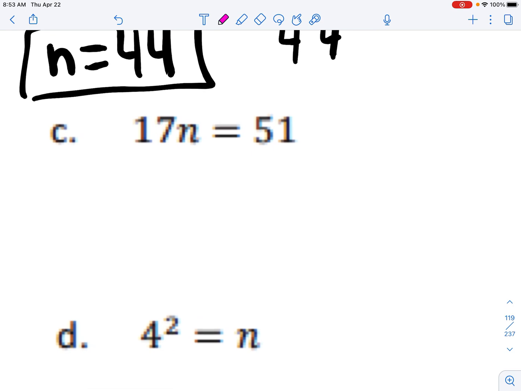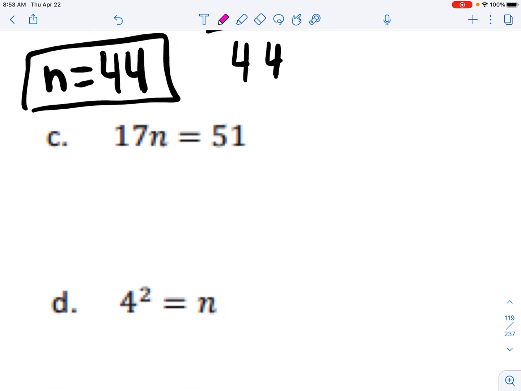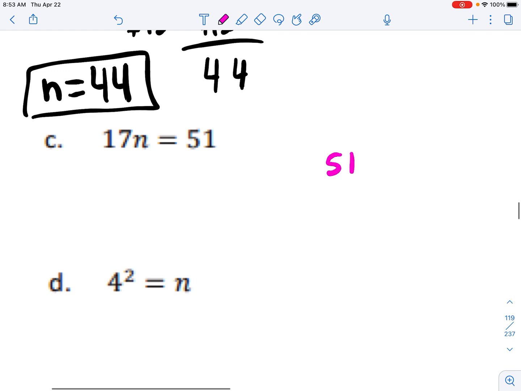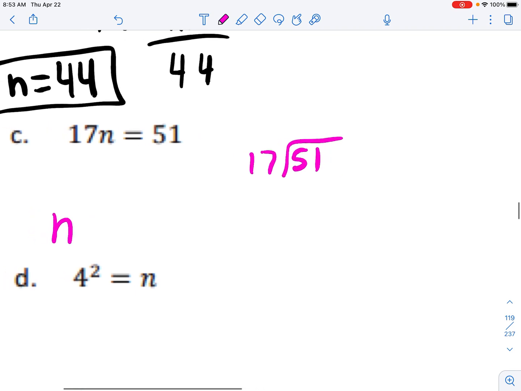17n equals 51. Okay, so what times 17 equals 51? Well, what we would have to do is 51 divided by 17 to figure out what n equals. Now, 17 doesn't go into 5, so we have to start with the whole thing, 51.